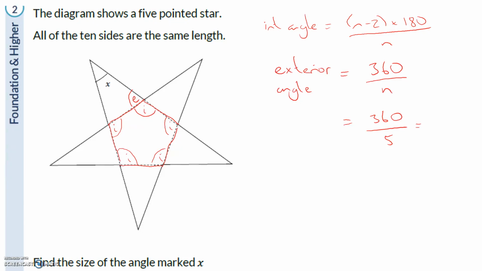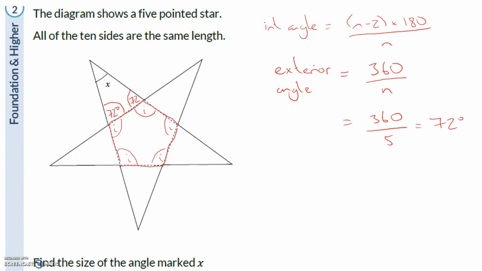That's the number of sides, and I make that 72 degrees. 360 divided by 10 is 36, double that, we get 72. So that's telling me that E is 72 degrees. And that's the same on this side as well, because that's the exterior angle for that regular polygon on that side. So we know we've got 72 degrees here, and we've got 72 degrees here.